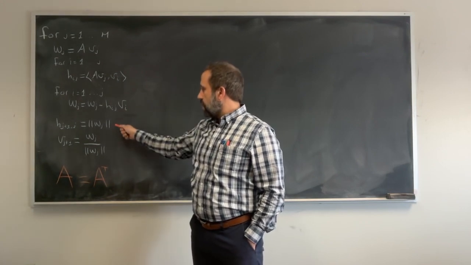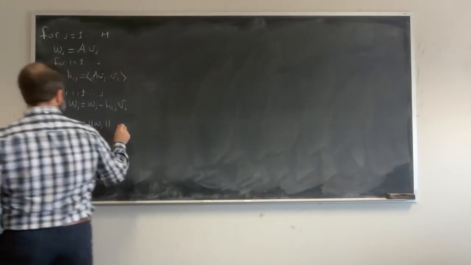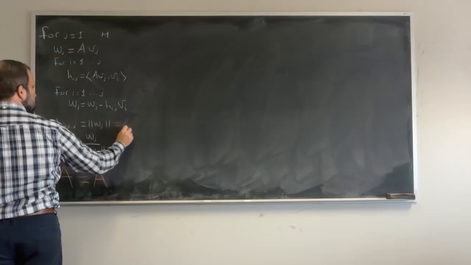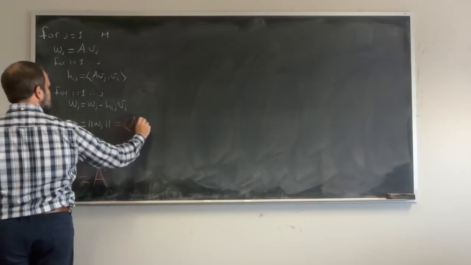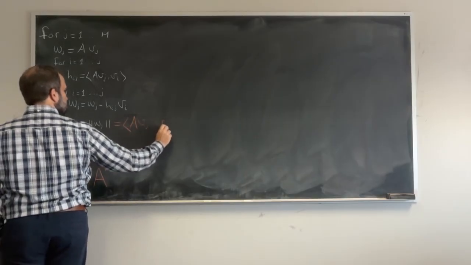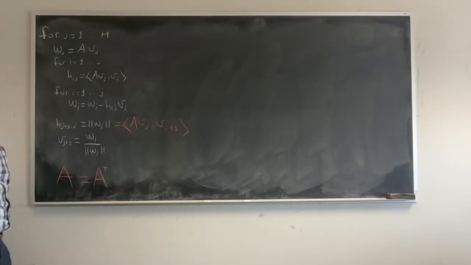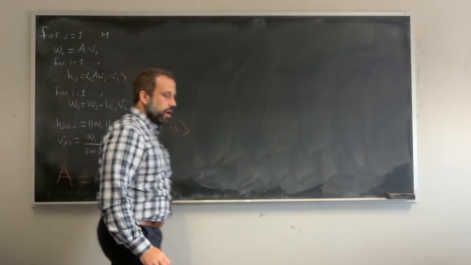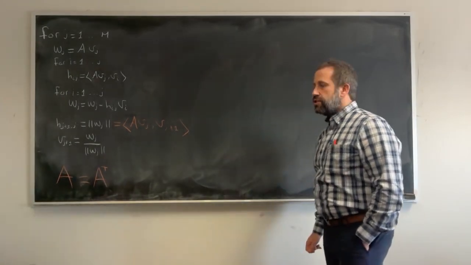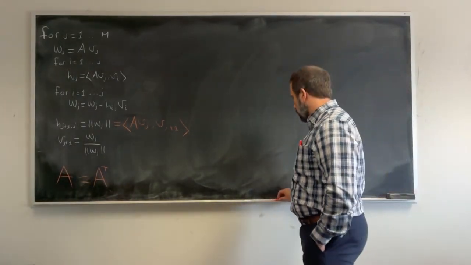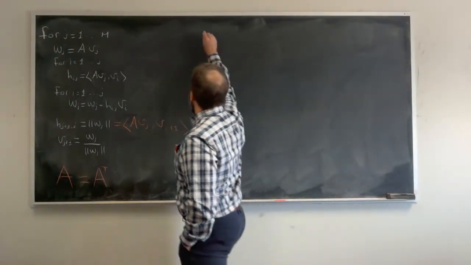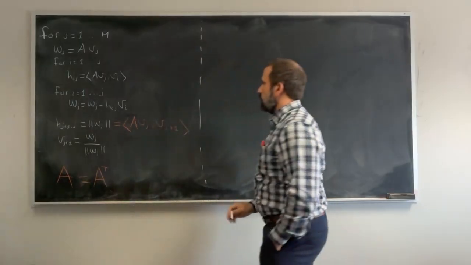In other words, is this equal to the inner product of AVj with Vj plus 1? Are those two things equal to each other? What I want to do first of all is to show that yes, they are equal to each other, and it's a simple computation to explain why.